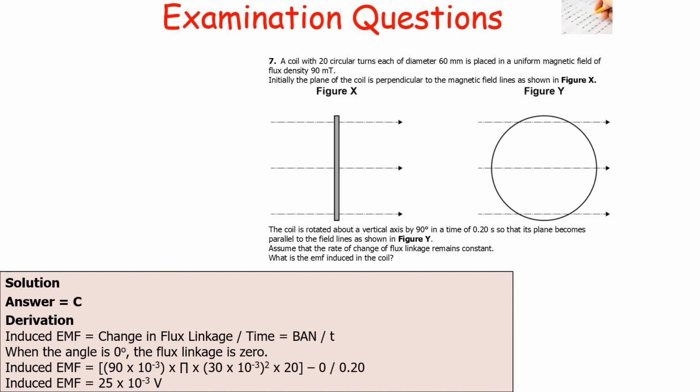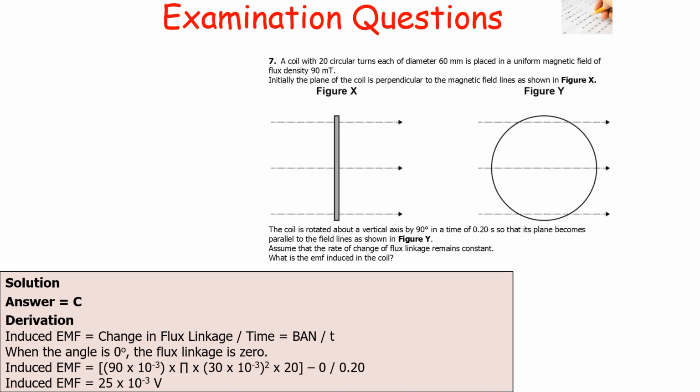linkage over the time. Now our change in flux linkage is BAN, so we know when the angle is 0, the flux linkage is 0, so we can work out what our flux linkage is at 90 degrees by doing B, which is the magnetic field strength, which is 90 times 10 to the minus 3, because 90 milliteslas, milli means times 10 to the minus 3.